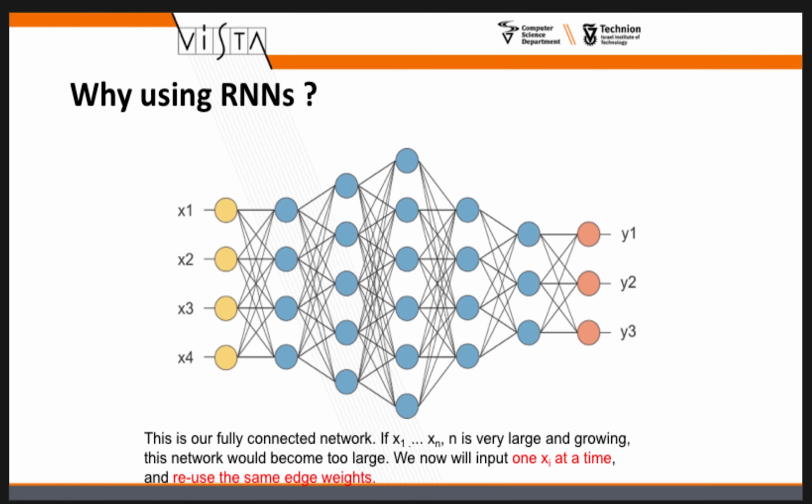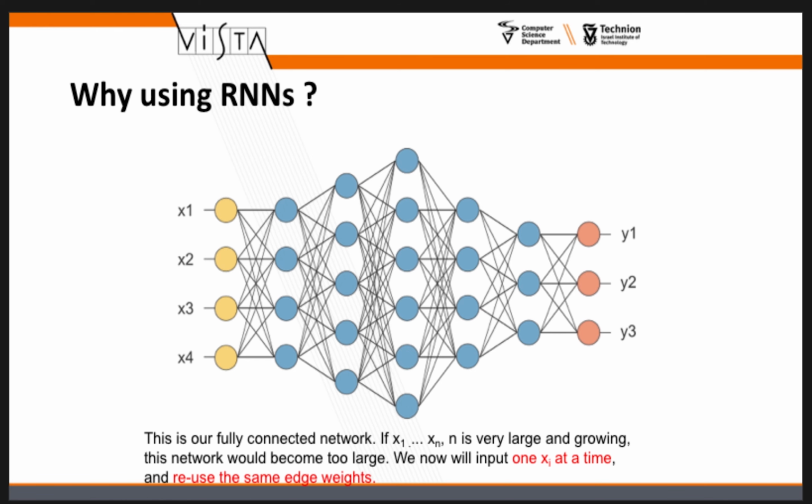In a fully connected neural network, when you add one input, you are actually adding connections to each output. So when you increase the number of inputs, you drastically increase the number of weights of your neural network. Great. This is how a fully connected neural network works.